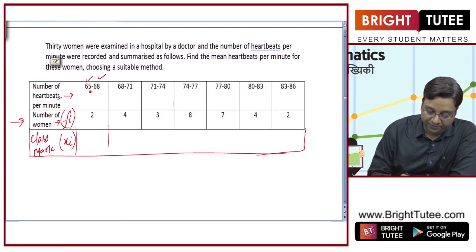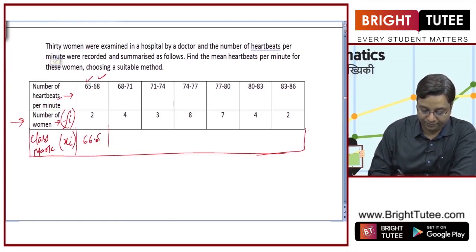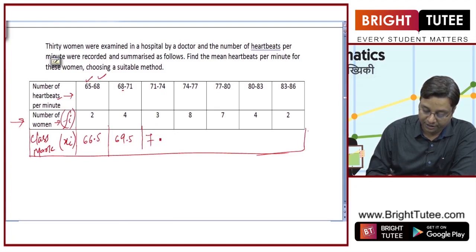So this will give me 66.5. This will give me 69.5. This will give me 72.5.